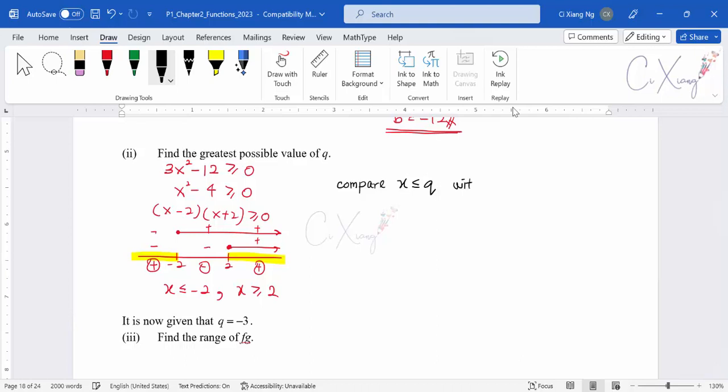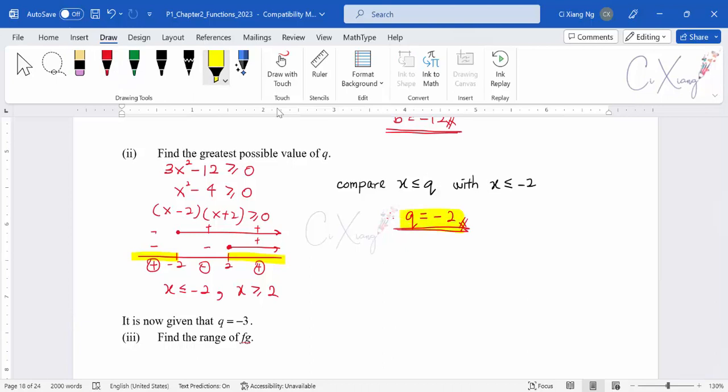You should compare it with x smaller than or equal to negative 2. You cannot compare it with x greater than or equal to 2 because the signs are different. So we make sure x smaller than or equal to Q is compared with x smaller than or equal to negative 2. Therefore, you know that the value of Q should be equal to negative 2.